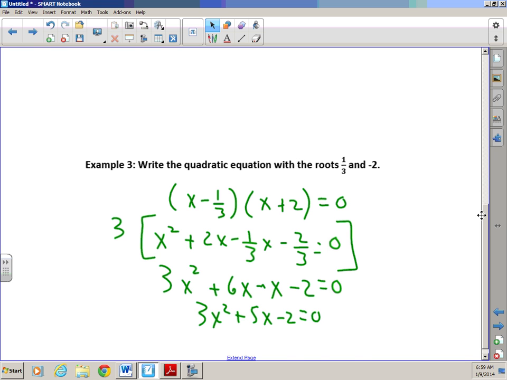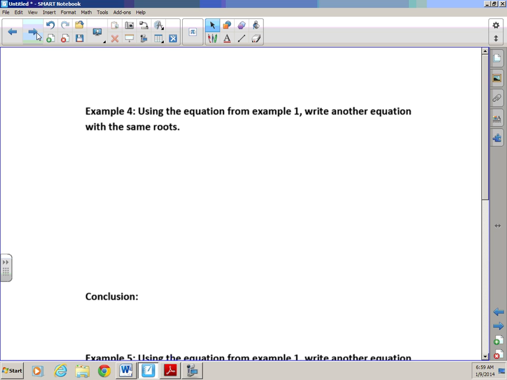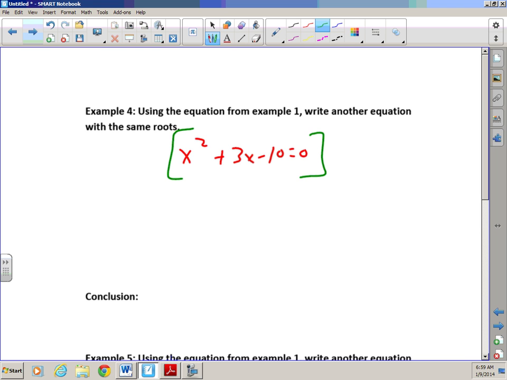Now, more to my point. Using the equation from example 1. Okay? So let's go back to our equation from example 1, which was x squared plus 3x minus 10 equals 0. Write another equation with the same roots. Well, very simply, I could just multiply this by any constant.